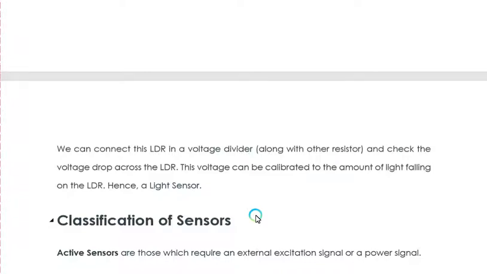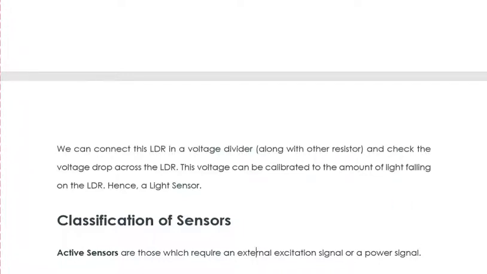That is a simple idea wherein nag-detect ka lang sang light, and then ang input nga ina ang gamiton nimo, for example, para magsiga ang suga kung dulom na. So now that we have seen what a sensor is, we will proceed with the classification of sensors.